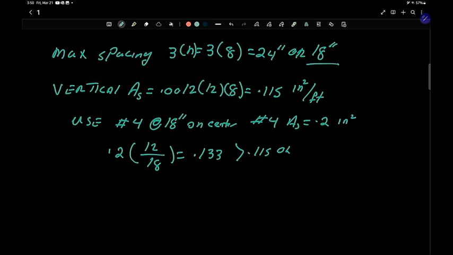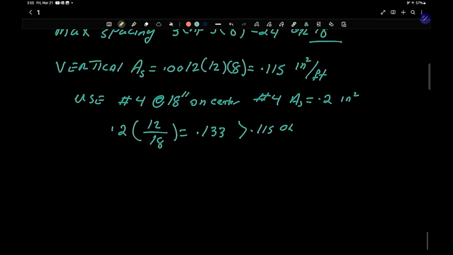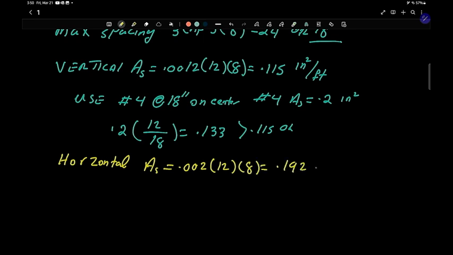And then the next thing we're going to do is go to the horizontal bar, and As is equal 0.002, and that's per the spec up there, times 12 times 8, that's equal 0.192 inch square per foot.